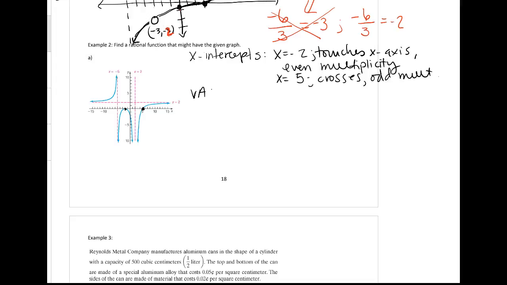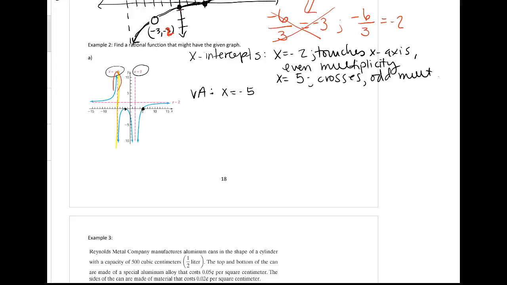Looks like I have 2 VAs, and they're already labeled for us, so this one is nice and simple. They are at x equals -5, okay? And now, this is super important. Check out this VA, which I'm going to highlight. See this VA right there? For this particular VA, x equals -5, I have 2 things, and I'm going to use a different color pen.